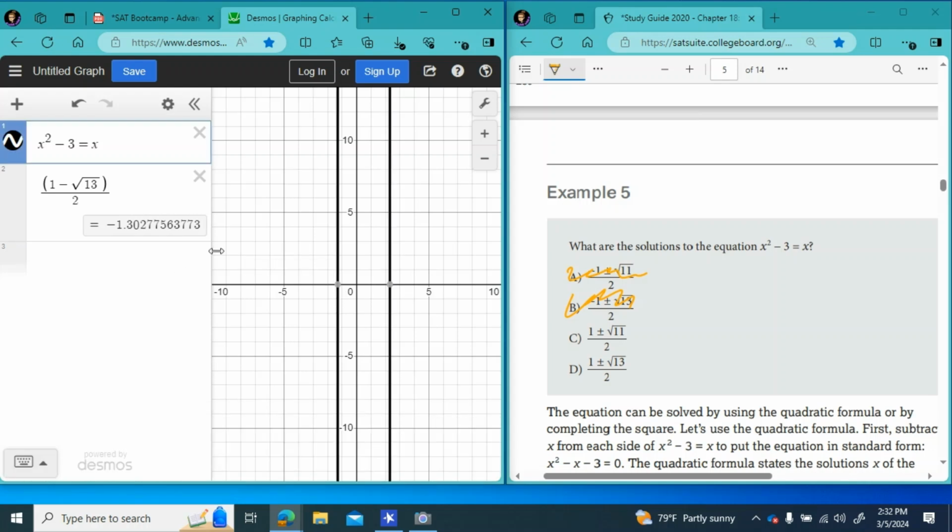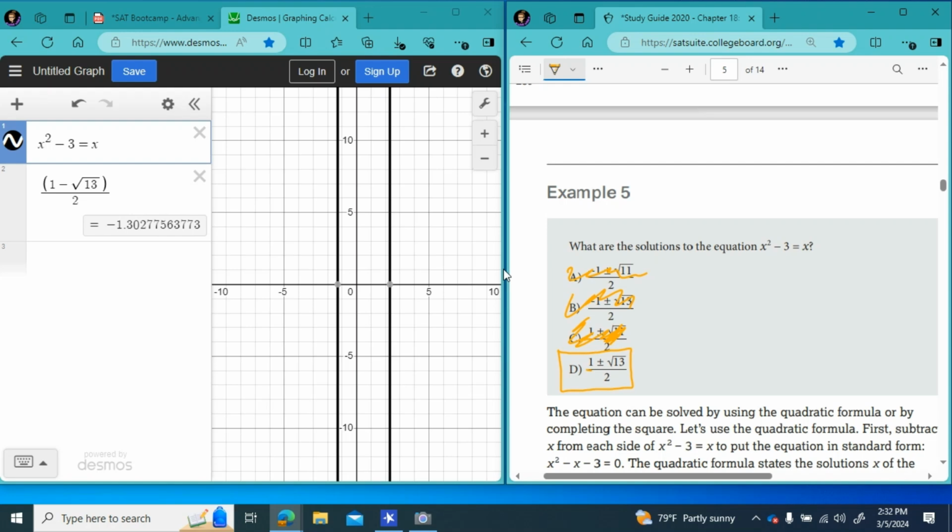Negative 1.3027, negative 1.303. They just rounded it. So my answer is I have a positive 1 and I have a 13 inside my square root. So my answer is here, not this one.